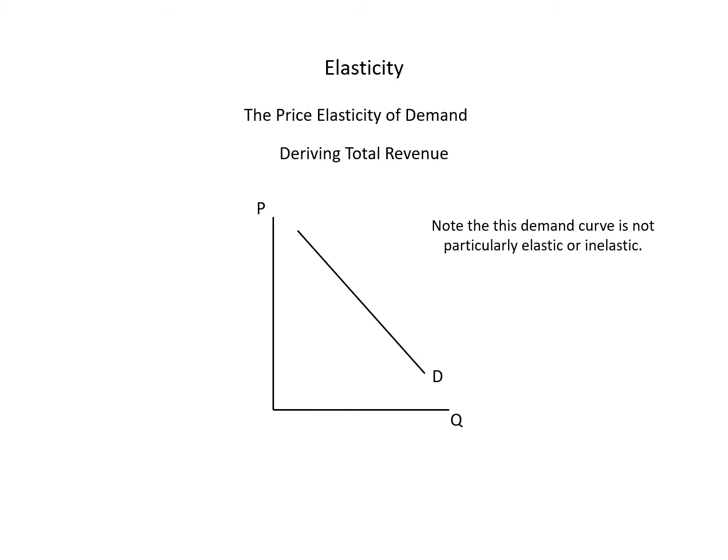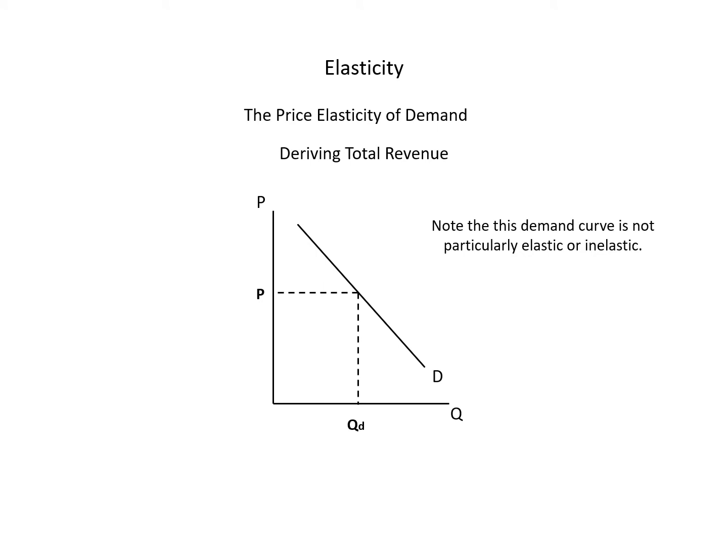Let's examine what the price elasticity of demand has to do with total revenue. Recall that total revenue is the product of price times quantity, the number of units sold. Okay, so here's a demand curve. This demand curve is not particularly elastic, in which case it would be more flat, or particularly inelastic, which would cause it to be steeper.